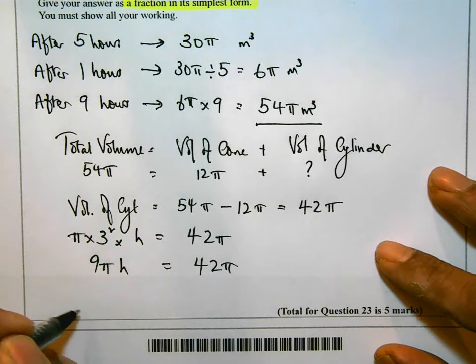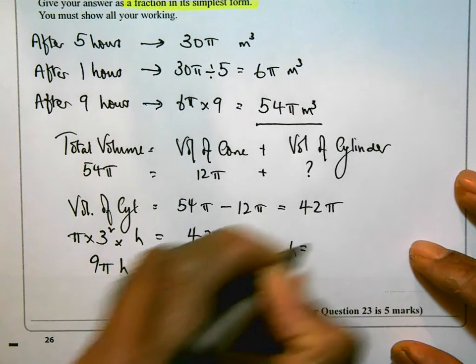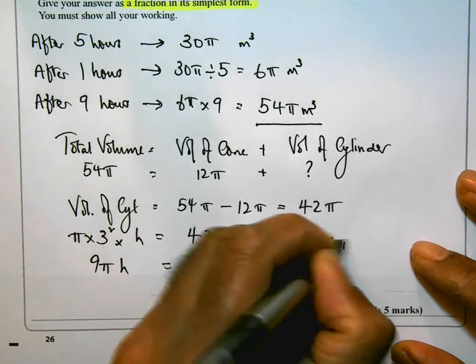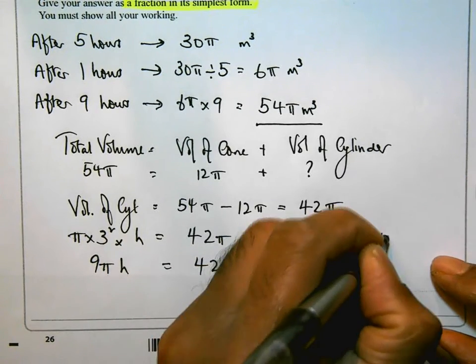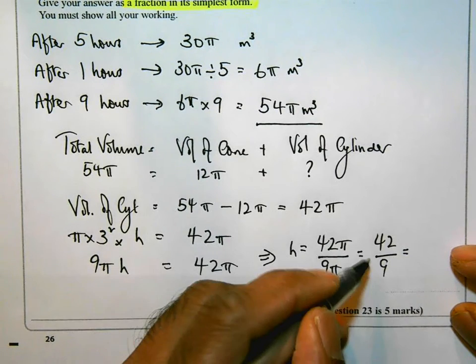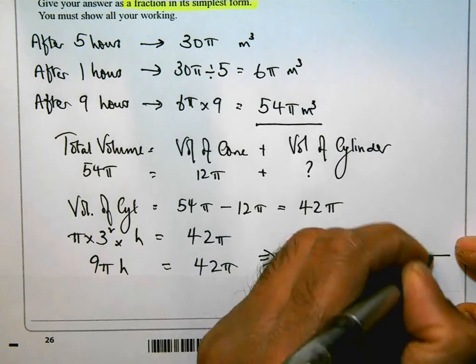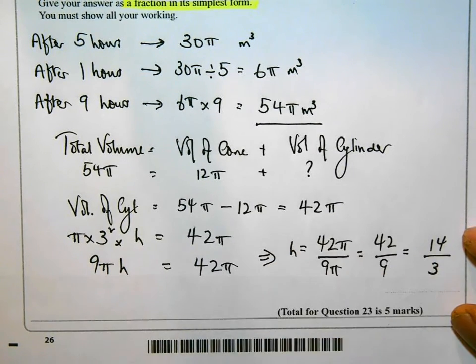If I divide both sides by 9 pi, h is equal to 42 pi over 9 pi. The pi's cancel out, and that leaves me 42 over 9. And if I divide both of those by 3, 3 goes into 42 14 times, 3 goes into 9 3 times. That is my answer, 14 over 3.